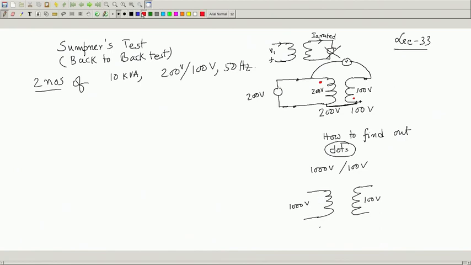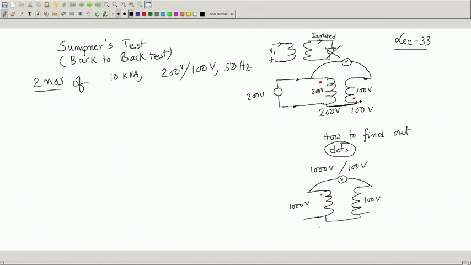So, I will choose here, and as I told, I will connect these 2 points here, and I will connect a voltmeter there. In this case, the voltmeter reading will be either 1100 or 900, one of them will come.